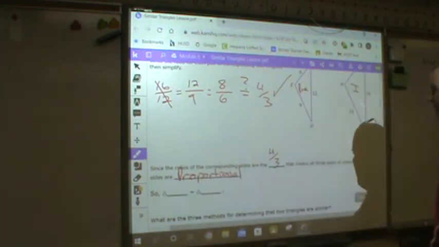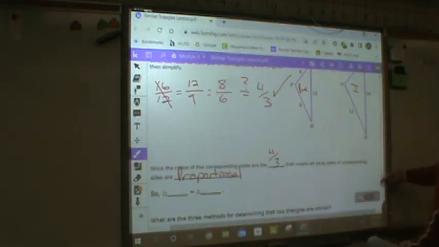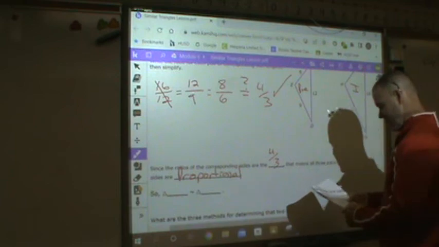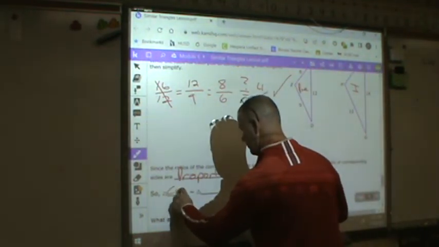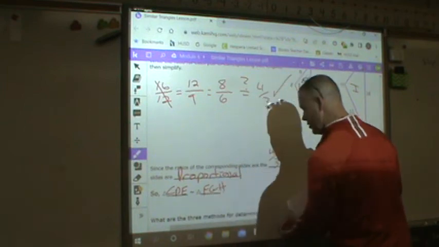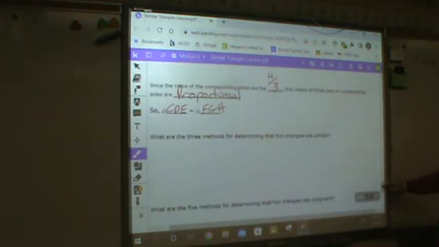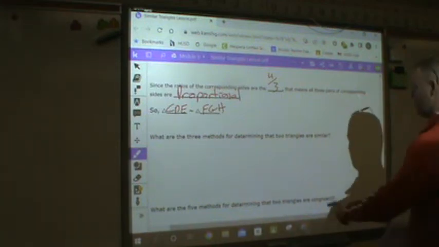They're all proportional. So what does that mean? That means these triangles are similar. So I'm going to say triangle CDE is similar to FGH.